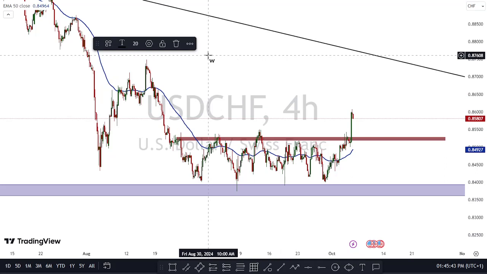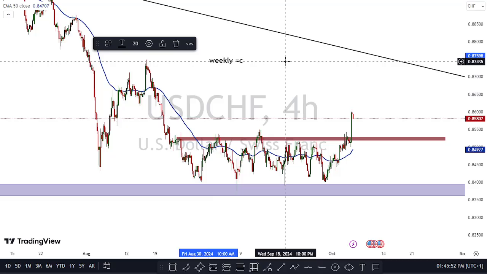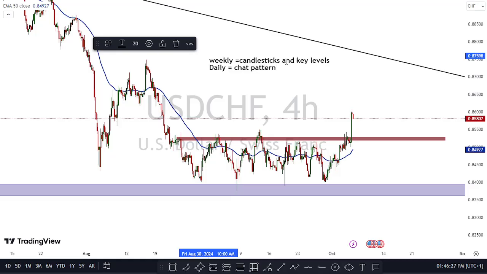Weekly: candlesticks and key levels. Daily: I'm looking out for chart patterns.